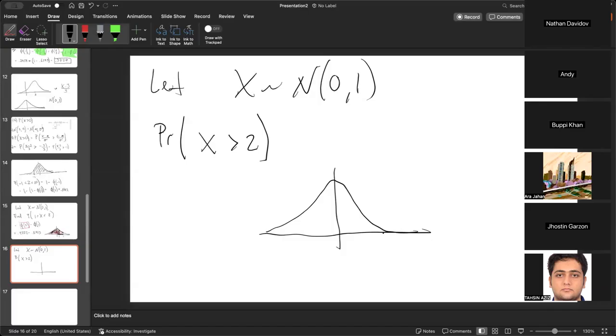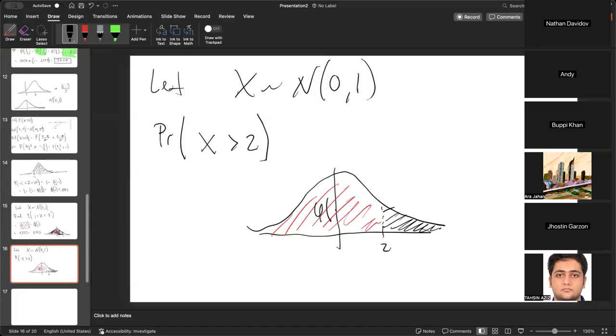So I always like to draw the picture. Here's 2. What's the probability that X is greater than 2? That's this portion of the graph. The other portion is phi of 2.